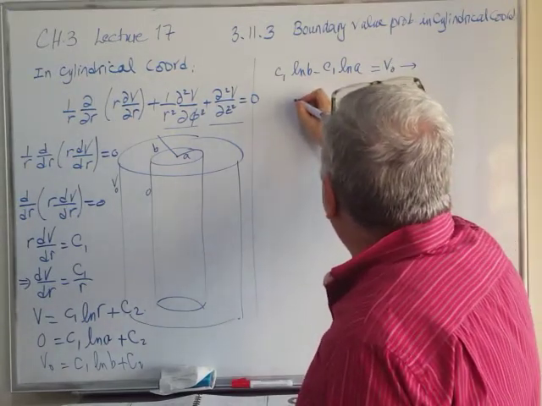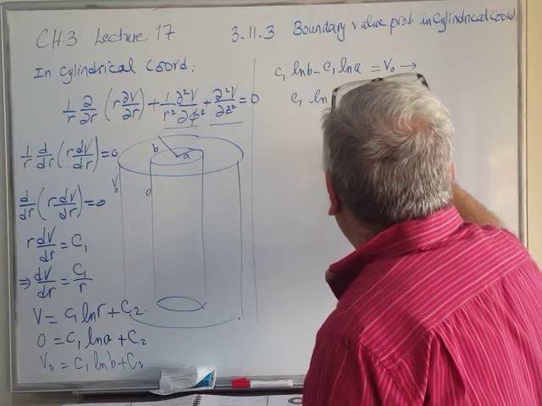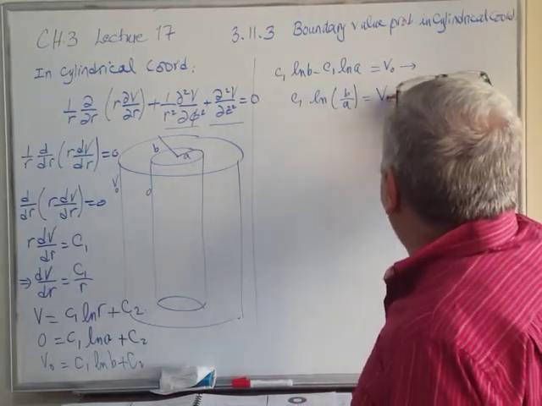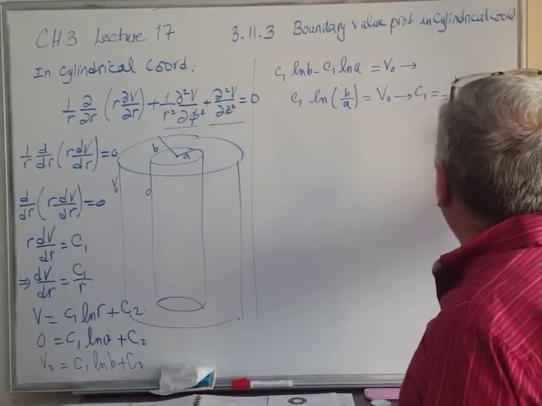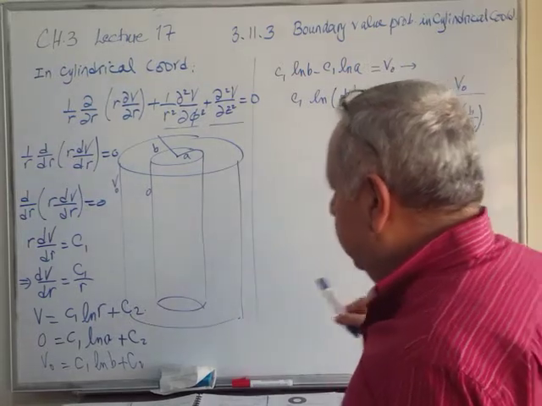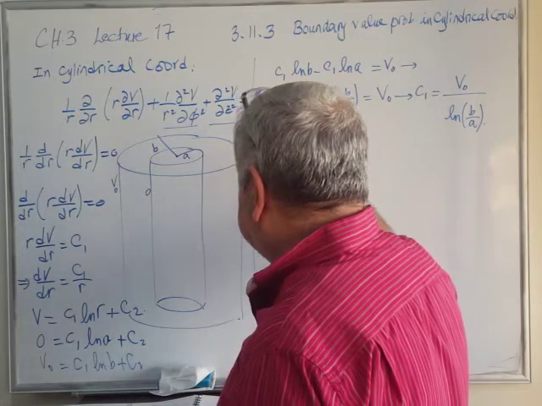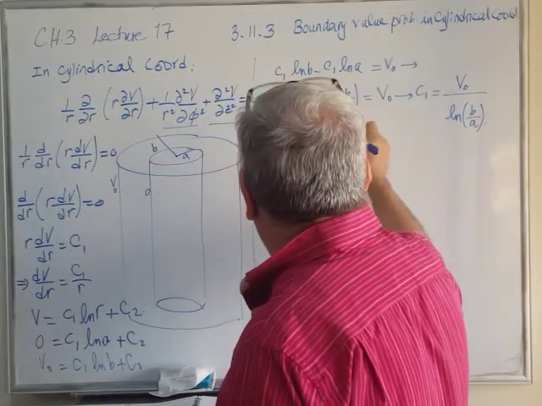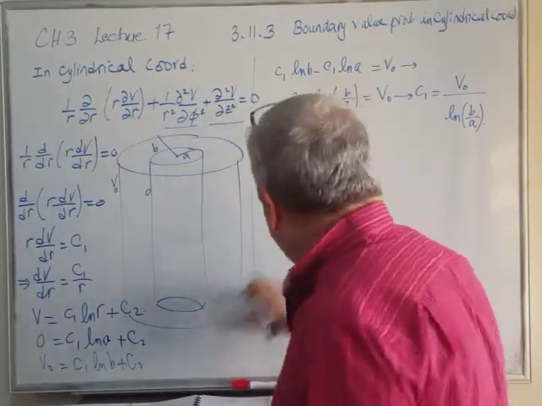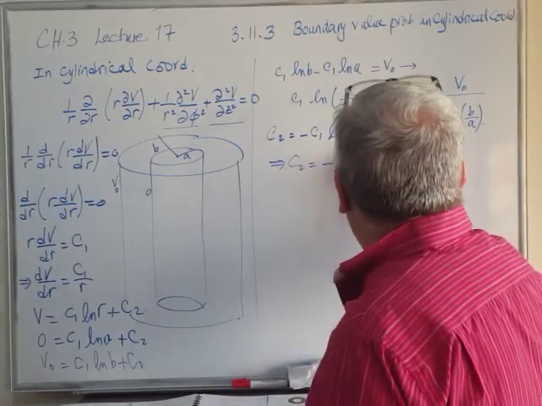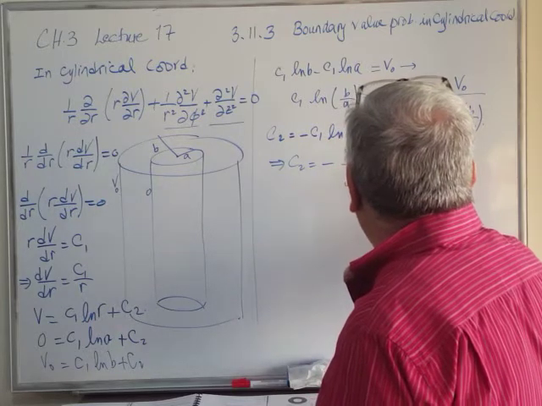This means that C1 ln B over A is equal to V0, and this means that C1 is V0 over ln B over A. And if you want to find C2, you can find it from the first equation: C2 equals minus C1 ln A. So this means that C2 is minus V0 over ln B over A times ln A. Okay?